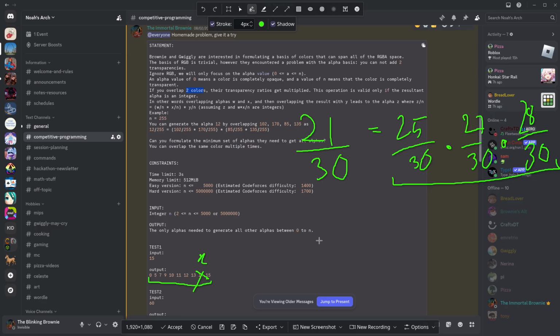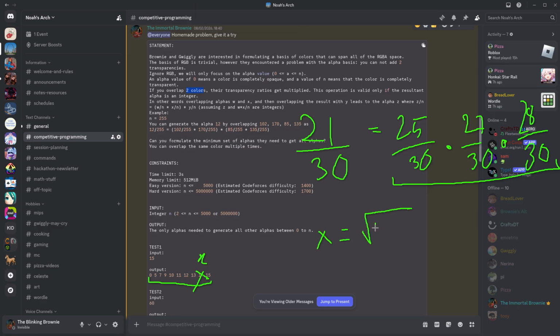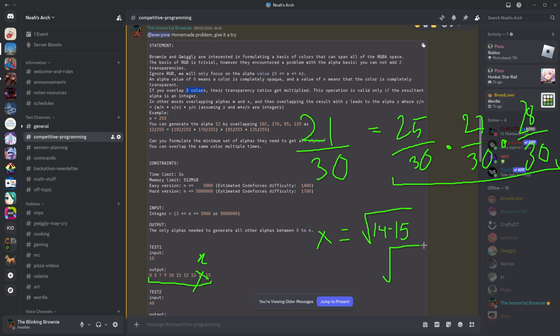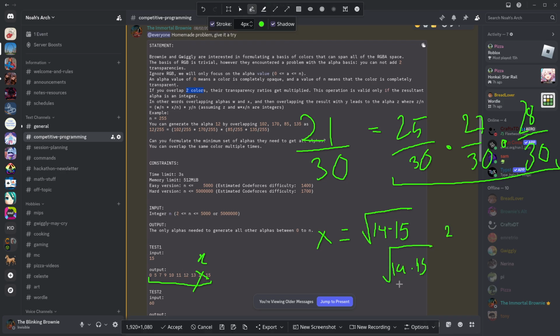x is equal to the square root of 14 times 15. So this value, if you overlap it with itself, you get square root of 14 times 15 with itself, squared, by 15, which gets you 14, right?